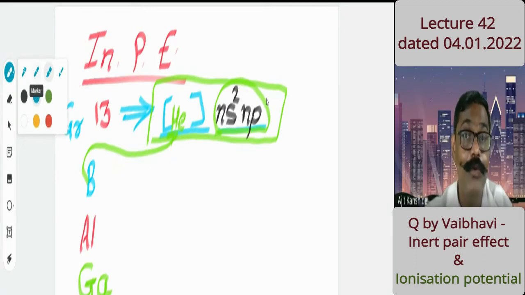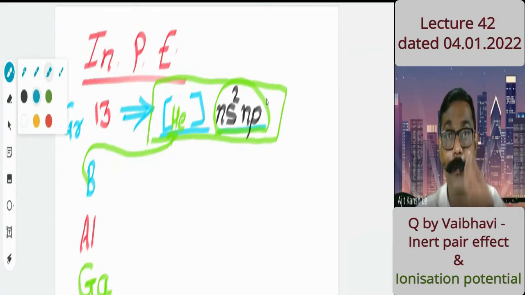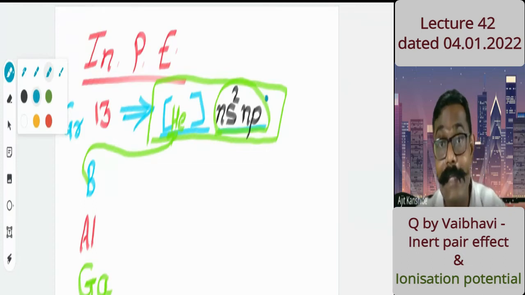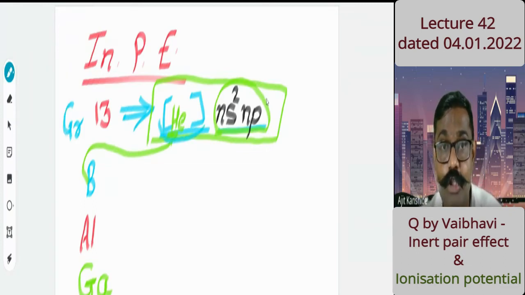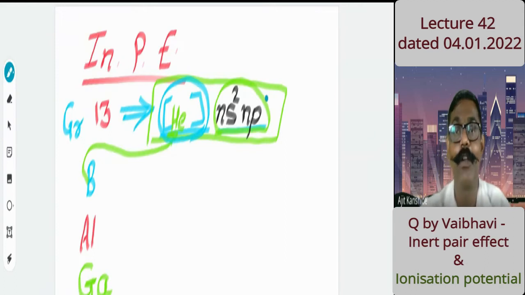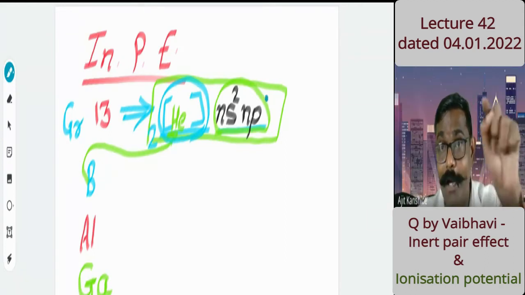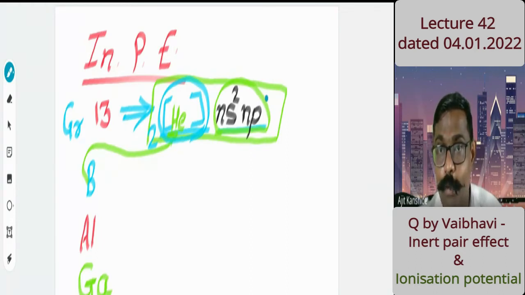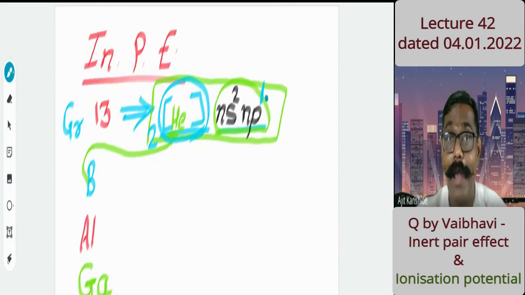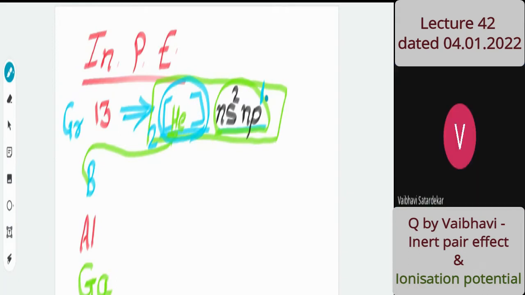We are talking about, say, example boron. Total 5 electrons are there. Helium has taken 2 electrons, and now what was the answer that I found? That 1 electron is present in that np orbital. Am I right? Are you following? Yes, sir.